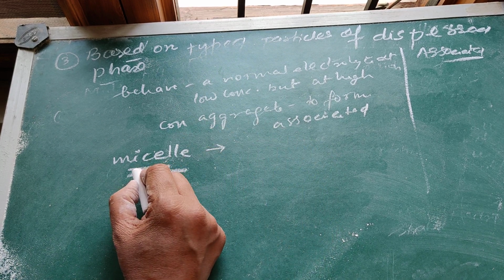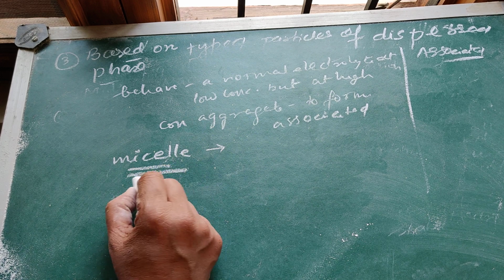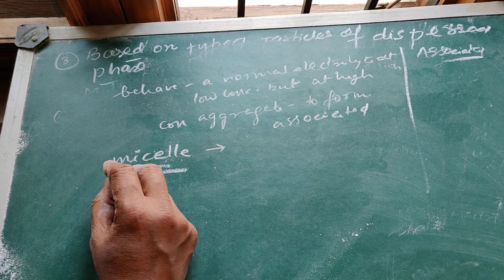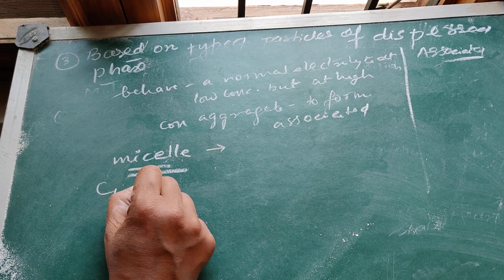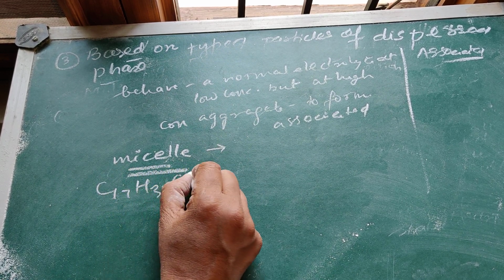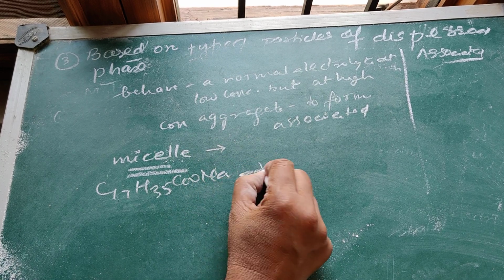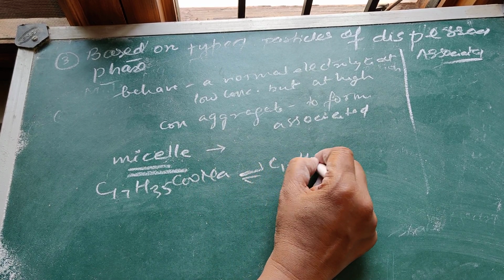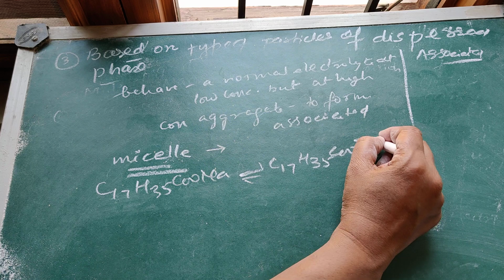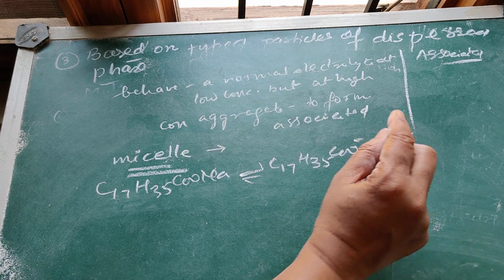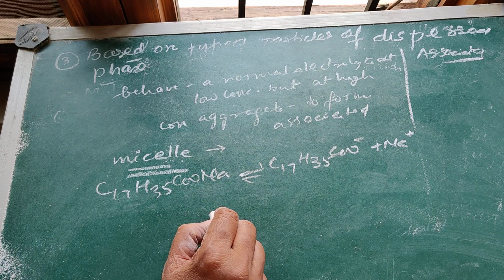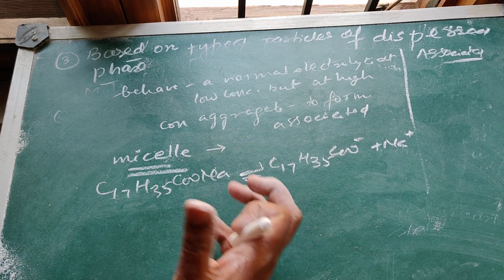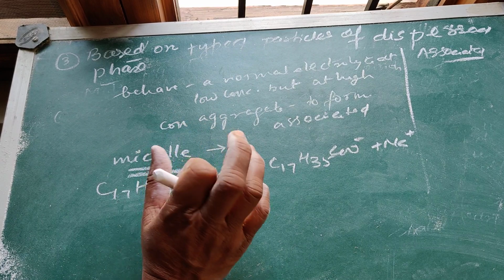So what is soap? It is the aqueous solution of sodium stearate, C17H35COONa, and it is the soap. It dissociates into C17H35COO minus and Na plus. The concentration of these ions gets associated to form aggregates of colloidal size at high concentration.